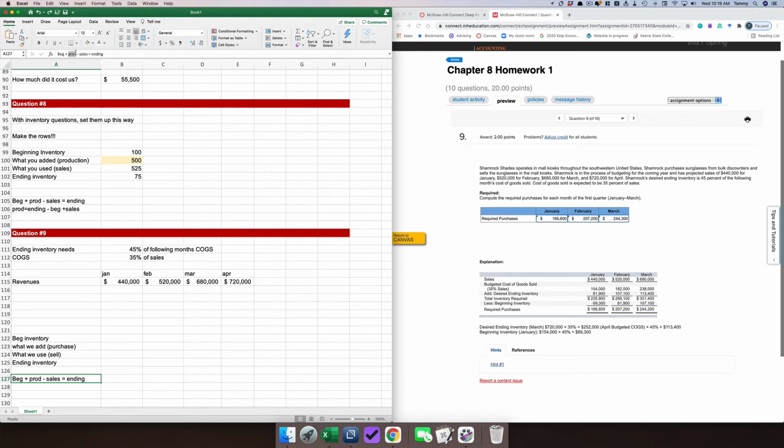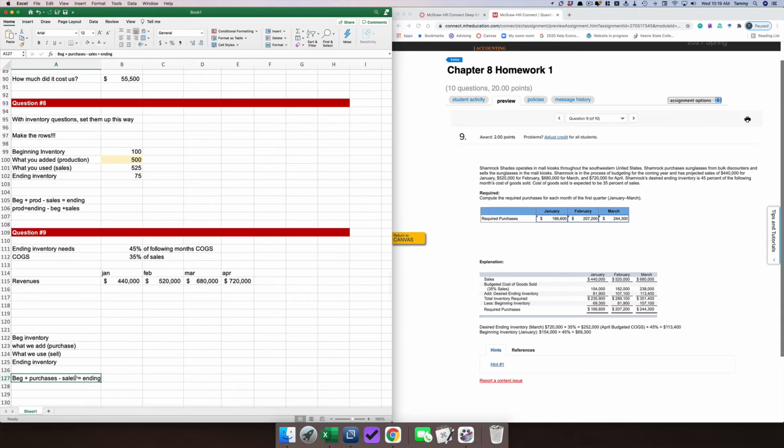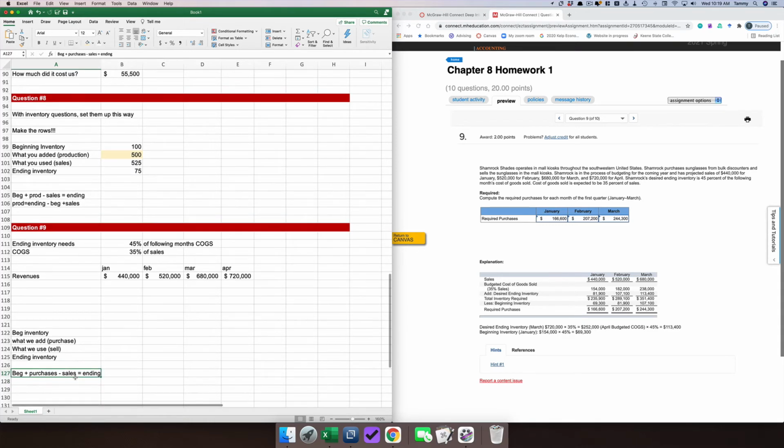So the beginning inventory plus our purchases minus our sales is going to give us our ending inventory. So we use the same information, right? Now, the only twist here is that we're defining our inventory in terms of the cost of goods sold.